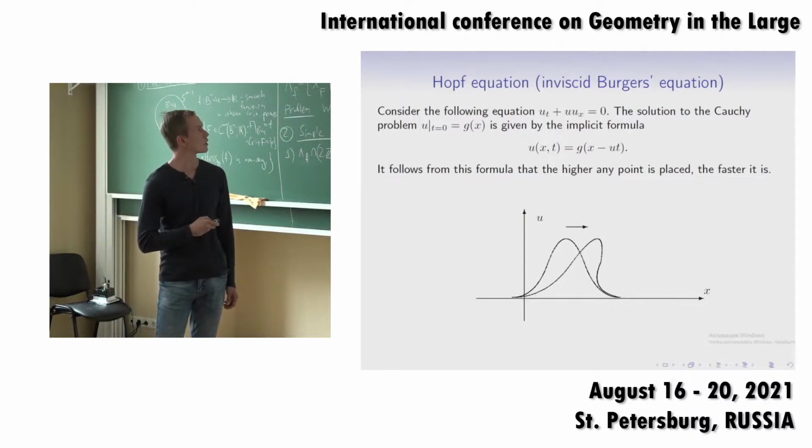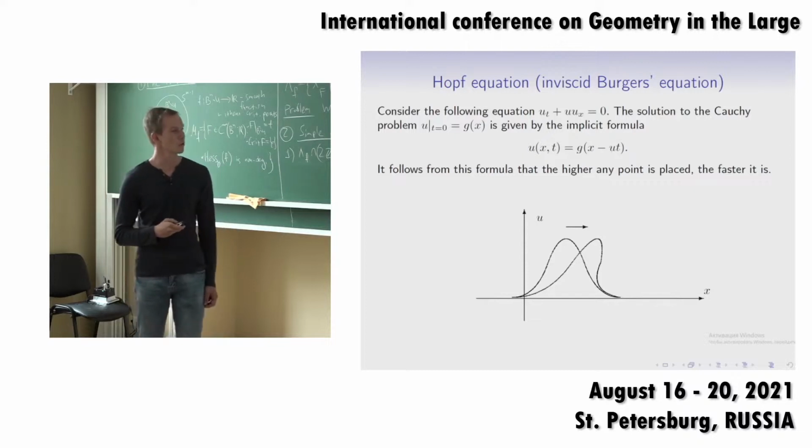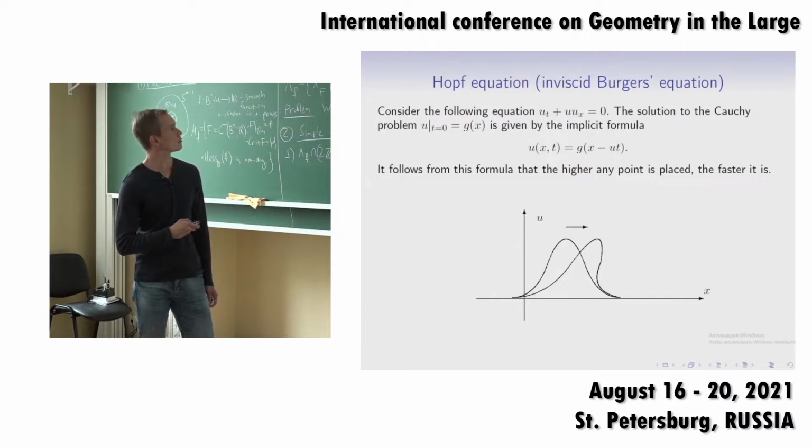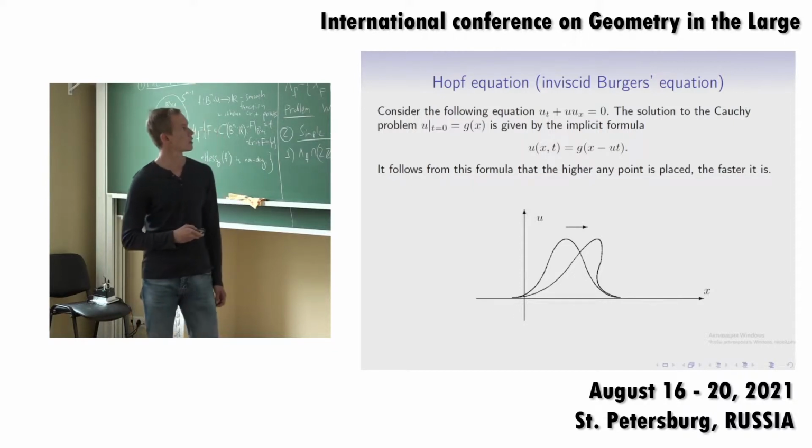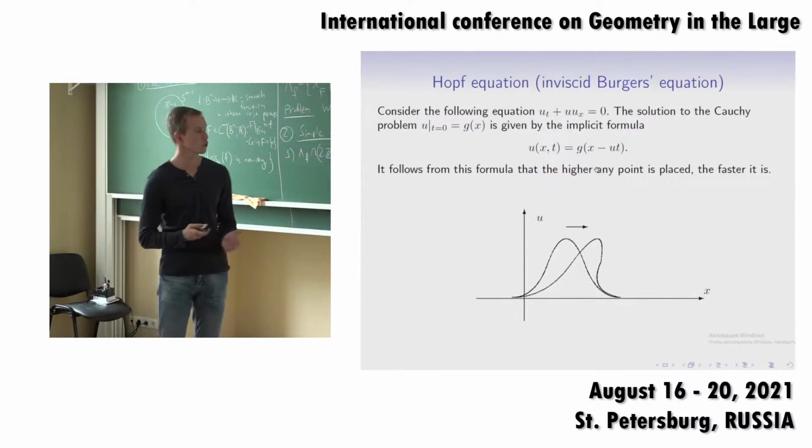This is a very well-known Hopf equation, which also appears in many spheres. So we have this equation. We may consider the Cauchy problem for it, having the initial function, and a general solution can be given by this implicit formula, and it can be shown by the standard method of characteristics that if the initial solution is non-constant, then characteristics, in this case they are just straight lines, intersect at some point and the solution blows up.